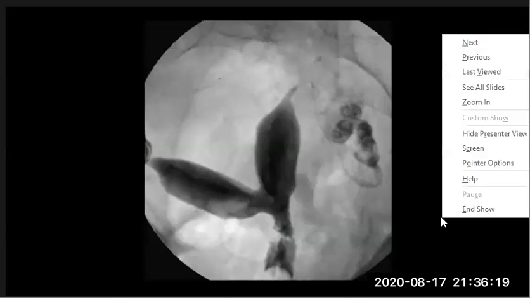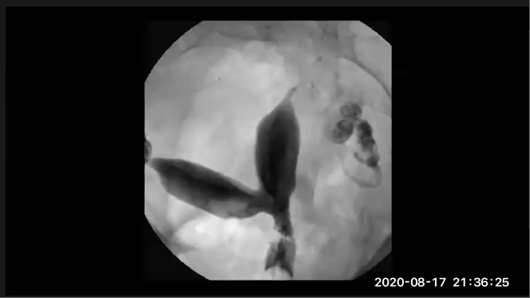My first case today, this is my first case. Any volunteer for this case? Any volunteer?